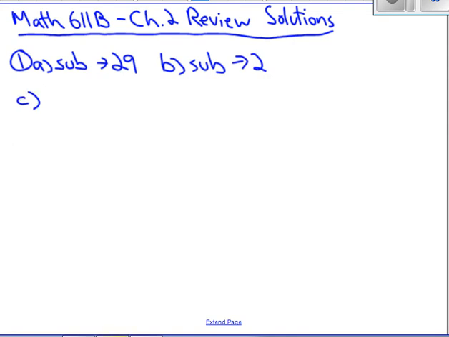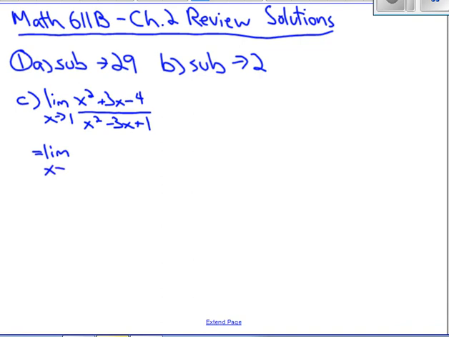Alright, C, we've got the limit as x goes to 1 of x squared plus 3x minus 4 all over x squared minus 3x plus 1. We want to factor this. So that'll give us x plus 4 by x minus 1. And I'm sorry, that was 2x squared on the bottom.